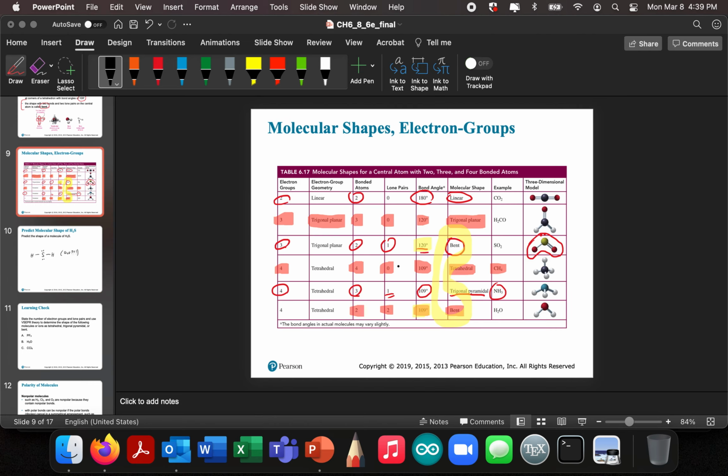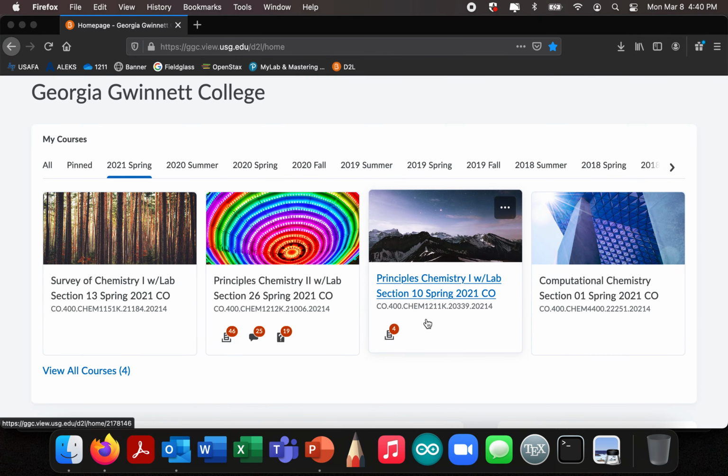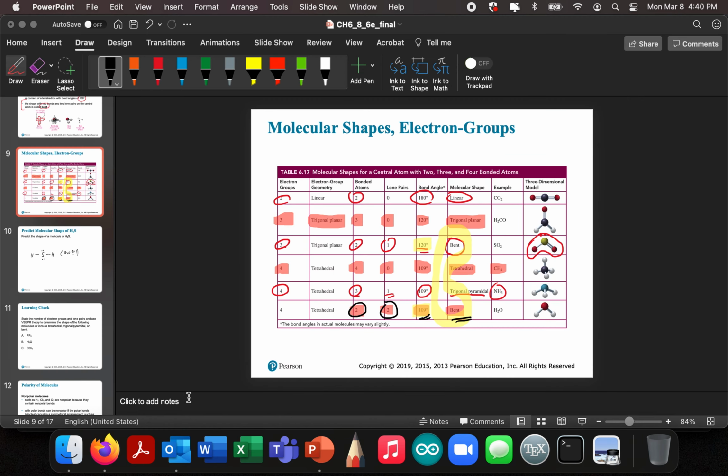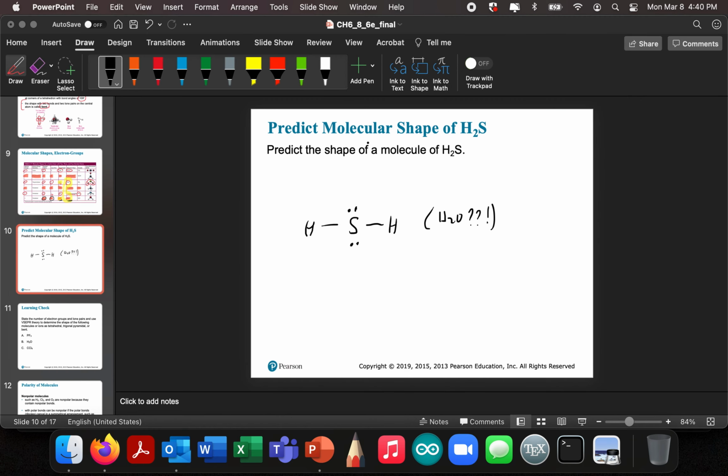So let's go up here and see, it's got 2 bonds and 2 lone pairs of electrons, its shape is going to be bent, and its bond angle is going to be about 110. Whoa, let me go back over here. I was supposed to predict the shape of it, and so I'm going to say that that is bent.